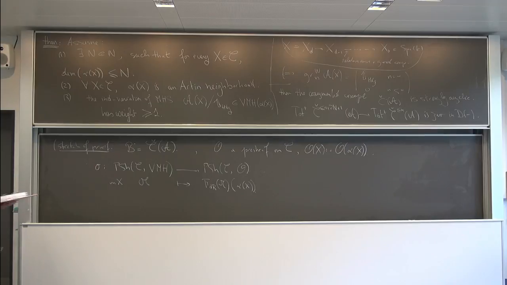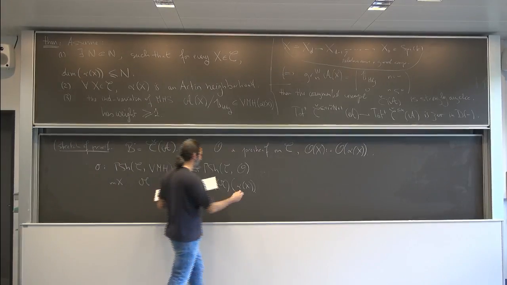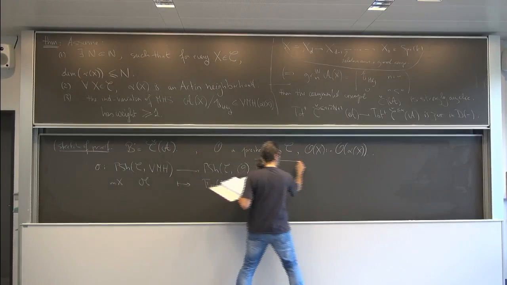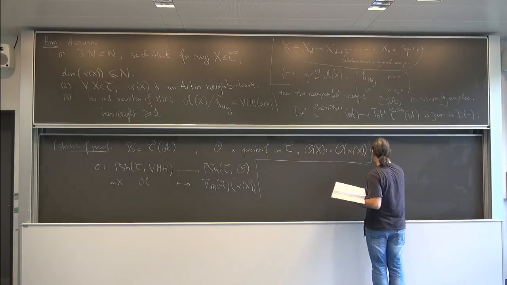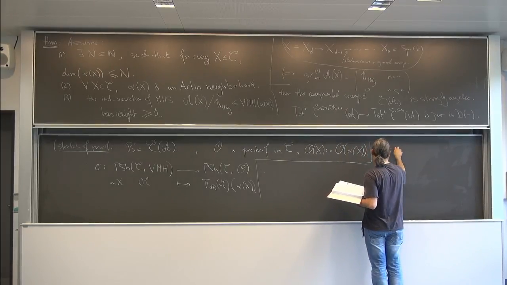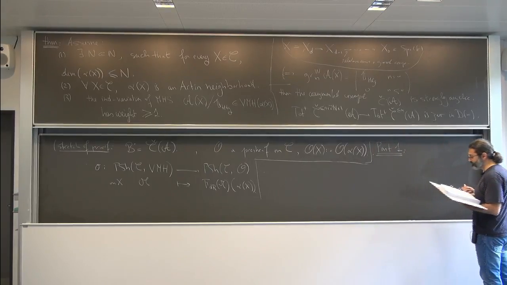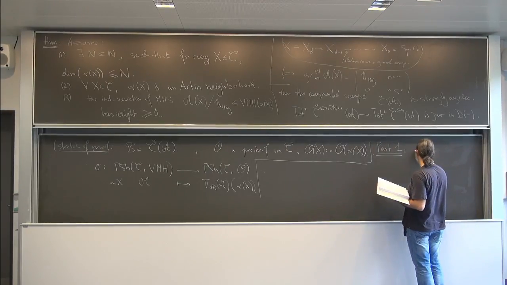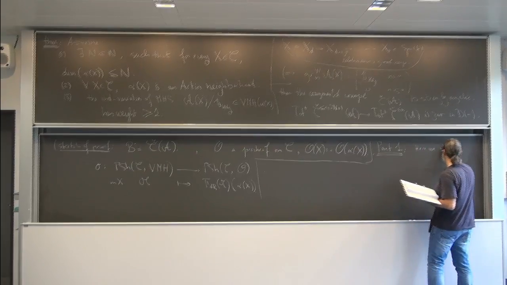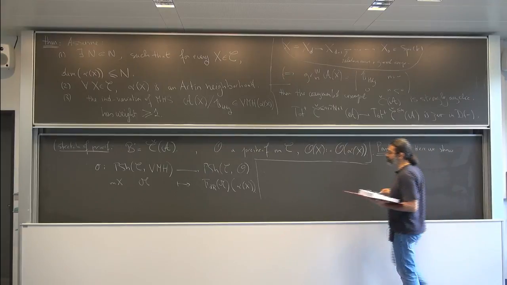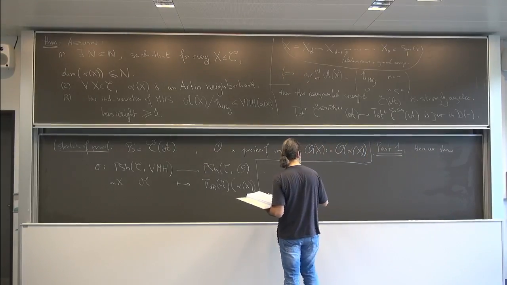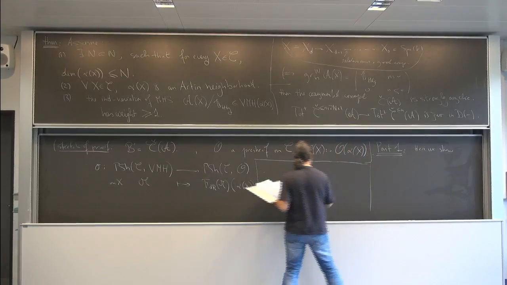Okay, so I'll split the proof in two parts. So part one, I will prove the following statement. Maybe before saying what I will show, let me also introduce some extra notation.